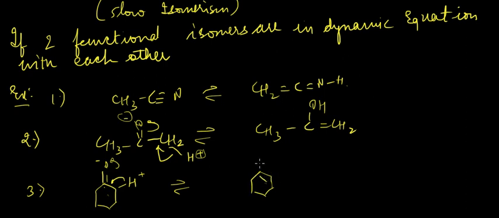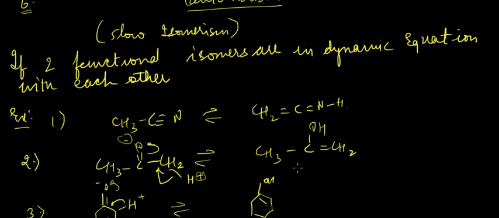So double bond will come here, OH will come here. How did this actually happen? This also we can show as negative charge coming here, hydrogen atom would be collected by nitrogen. Okay, so this would be formed.